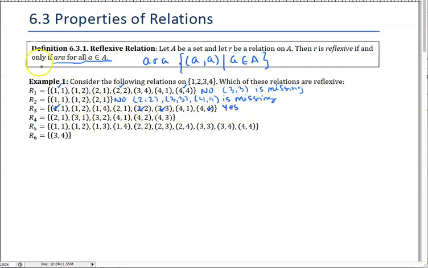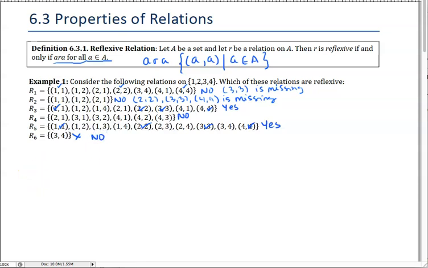Because all of them are in there, it fulfills the definition, so that's a reflexive relation. For R4, none of the doubles are there, so that's a no. For R5, I have (1,1), (2,2), (3,3), and (4,4), so that's a yes. For R6, none of them are in there, so that's a no.